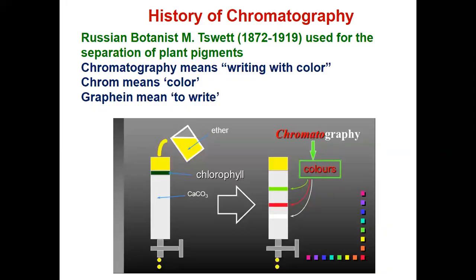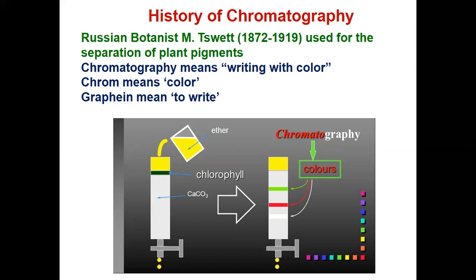Chromatography originated with the work of the Russian scientist Michael Tswett in 1906. He was working on plant pigment, and his interest was to find out whether the leaf extract, which is green in color, has one or more components.